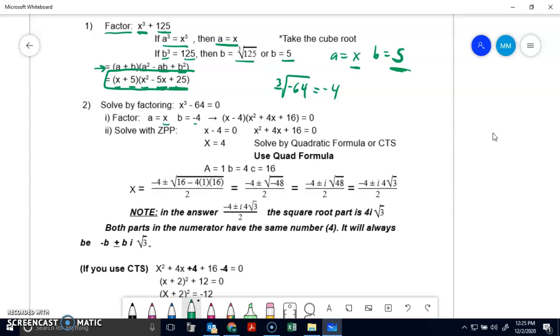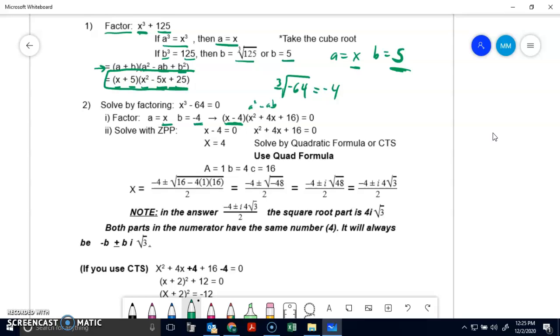So I know a and b, so let's plug it in. A plus b, x plus negative 4, it's x minus 4. So the sign stays with the 4. And then I have a squared, x squared, minus a times b.